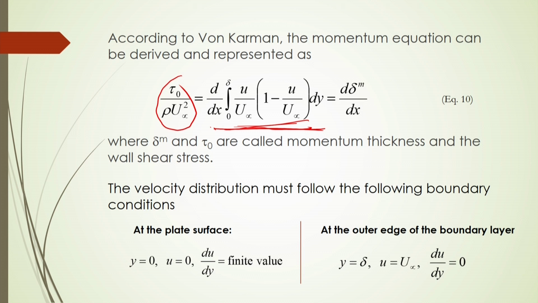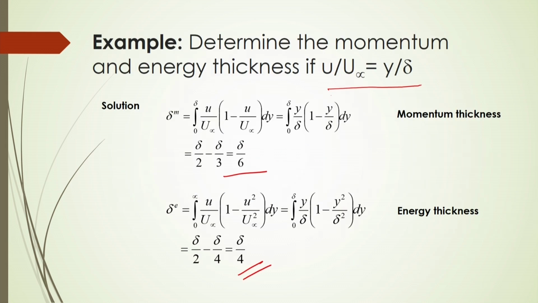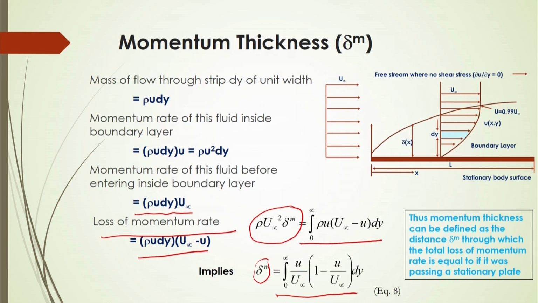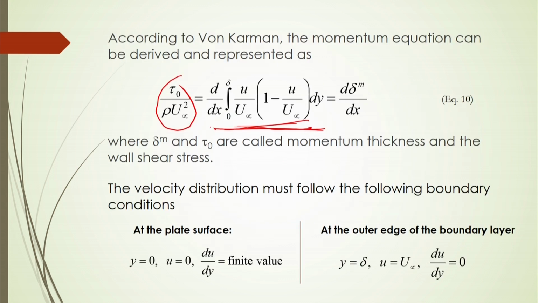Very interestingly, what is the momentum term we have derived here? This is the momentum thickness, by which we can calculate the profile. If we substitute that momentum thickness here, we have the change of momentum thickness with respect to x.